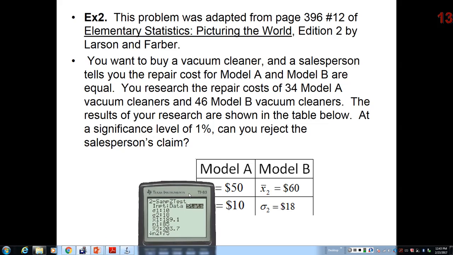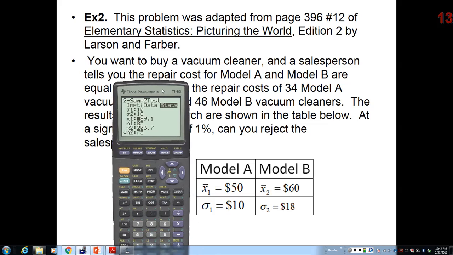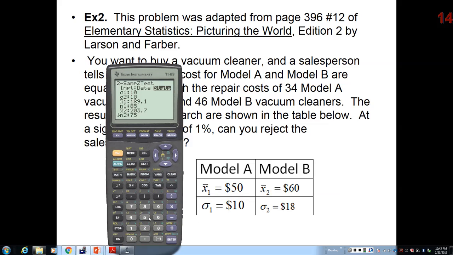The mean for the first one was 50, and the mean for the second one was 60. What was the first standard deviation? Sorry, hold on for a moment. The first standard deviation was 10, and the second was 18. The first mean was 50. The second mean was 60.